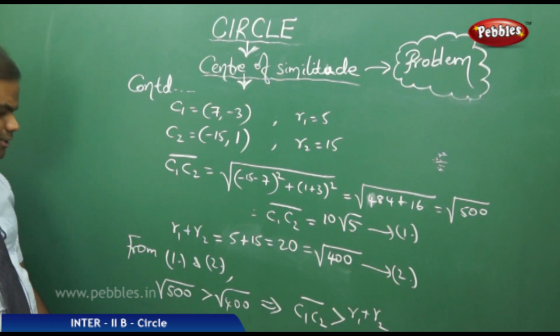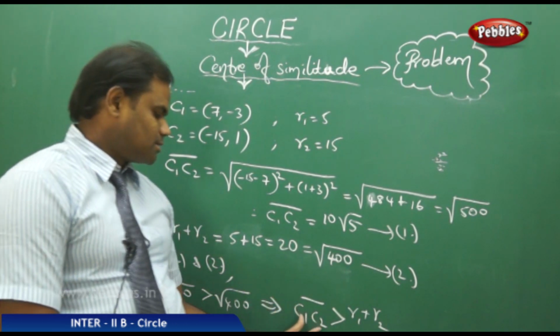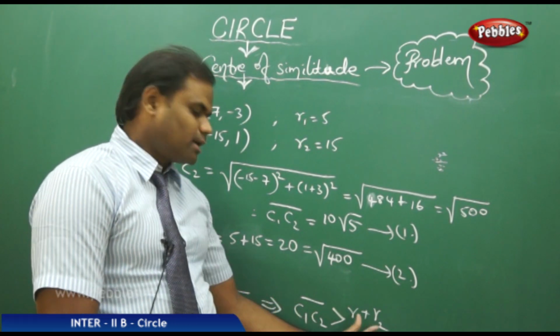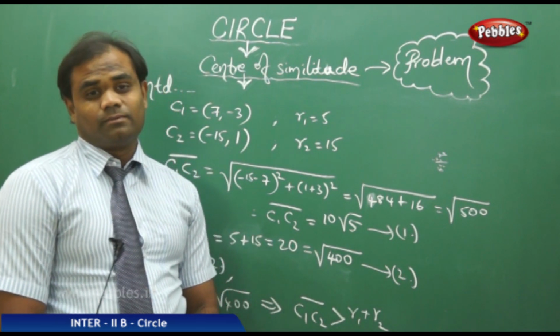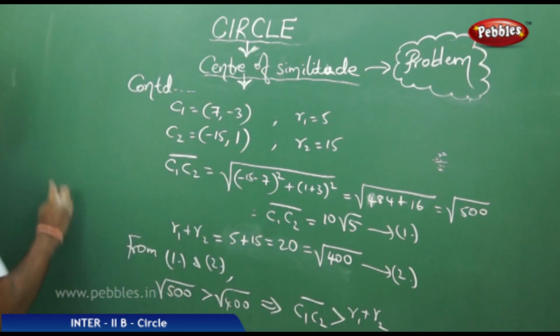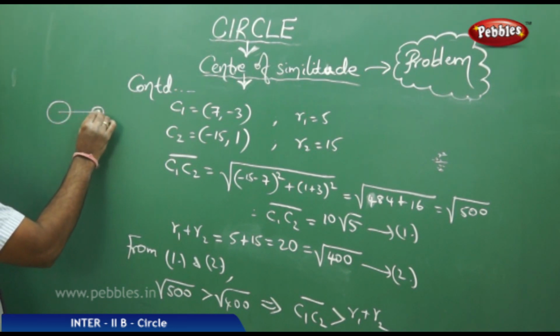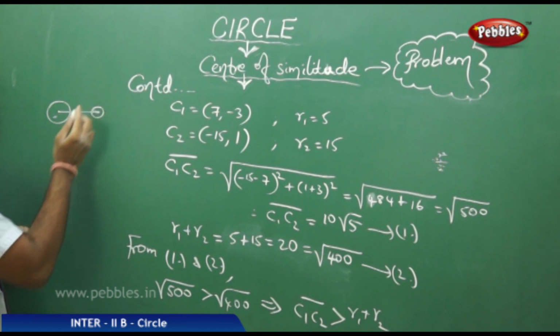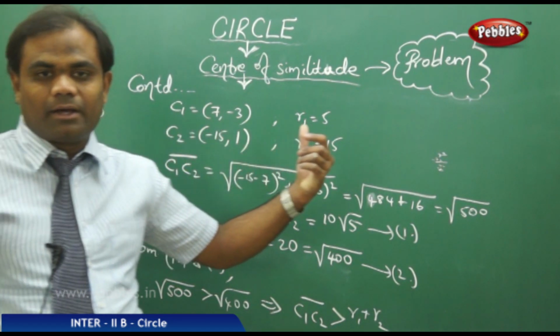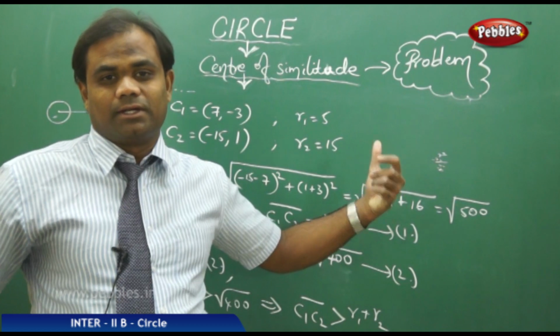This is possible only when the two circles are disjoint, because the distance between the centers is more than the sum of the radii. The two circles must be far apart, disjoint circles.